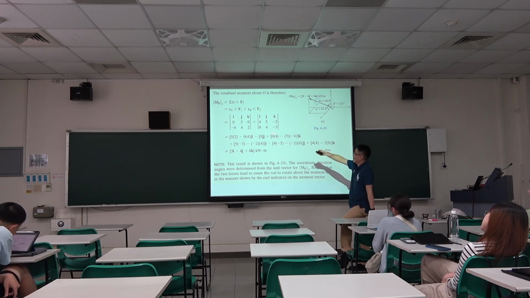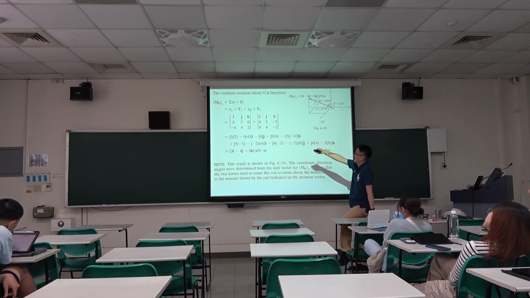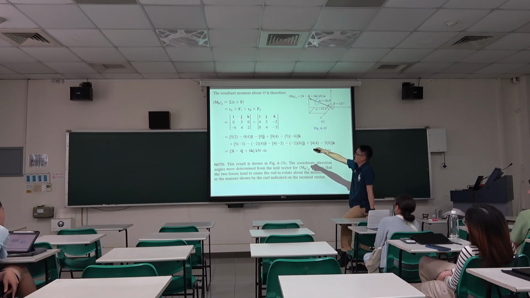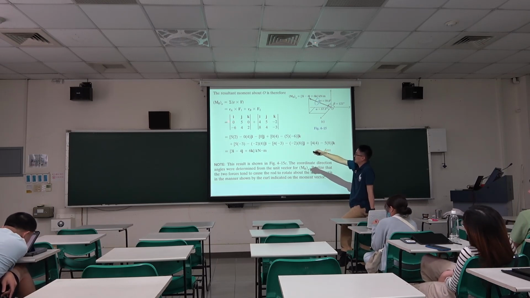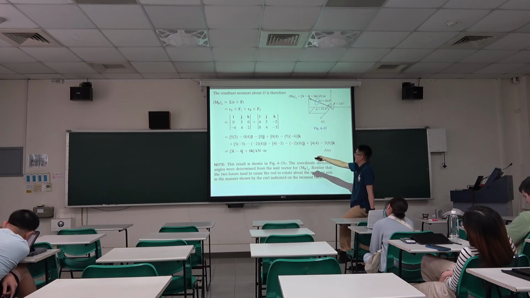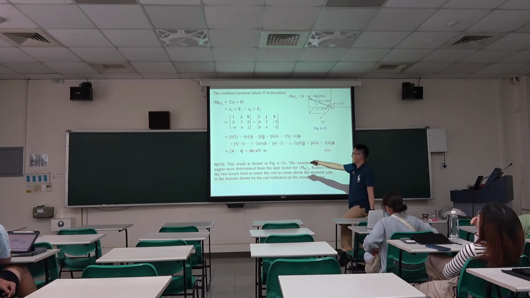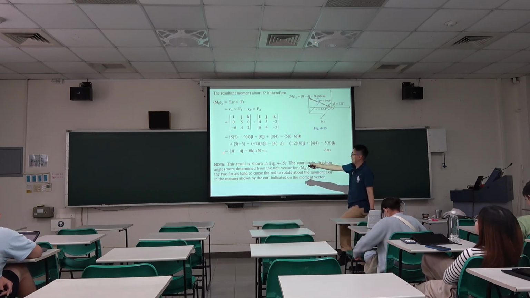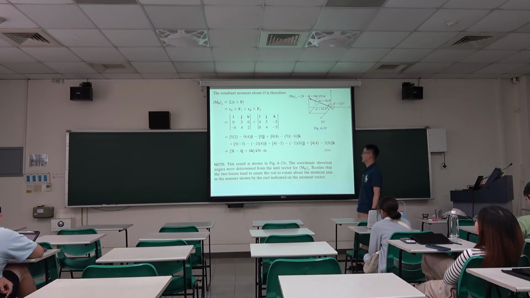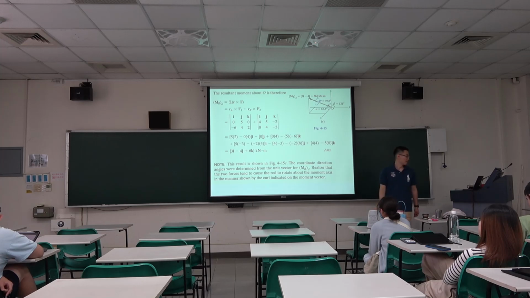Here it is relatively easy because we have 2 zeros, so the first part's calculation is easier, but the second part's calculation is longer. Finally, the resultant moment can be worked out, and the value is this, as a vector.